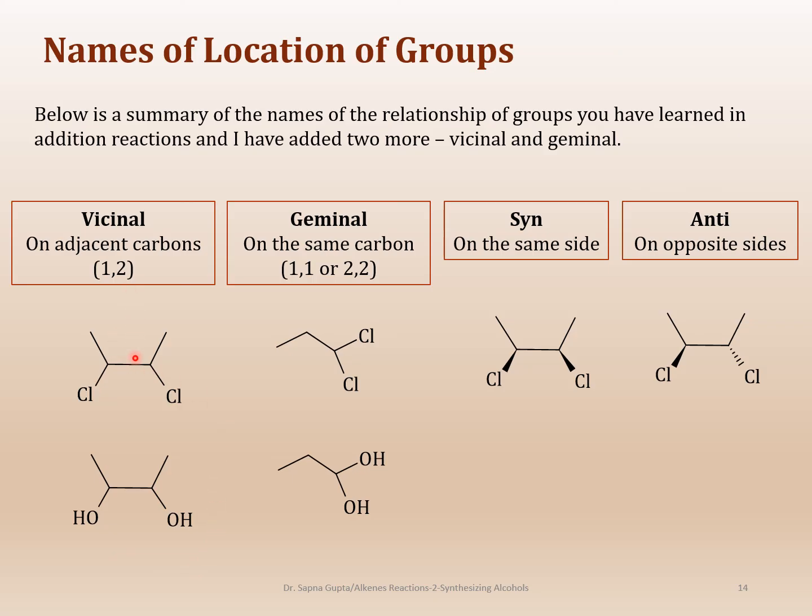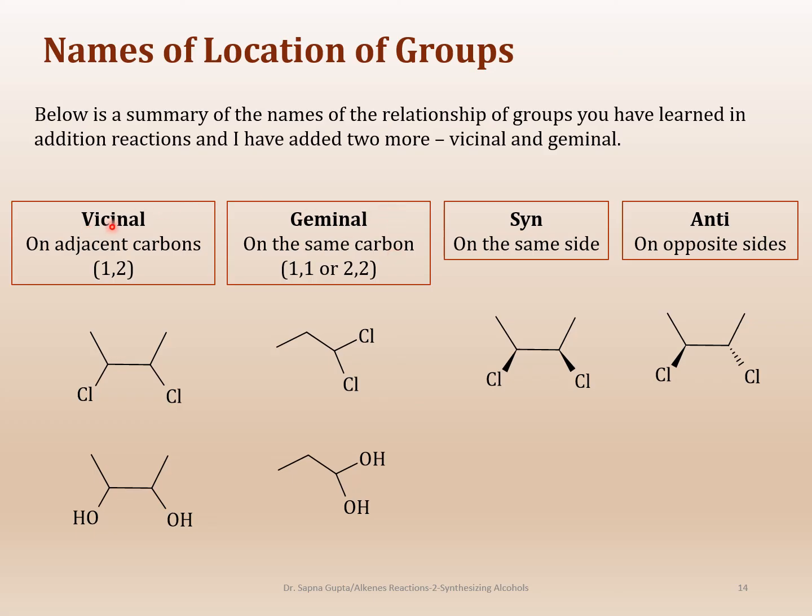So when you added chlorine to a double bond, you got a 1,2 addition, and now you saw the syn and anti addition of diol, and that was also a 1,2 addition. This relationship of a 1,2 is called vicinal. The relationship, if you have the 2 chlorines or the 2 OHs on the same carbon, is called geminal.